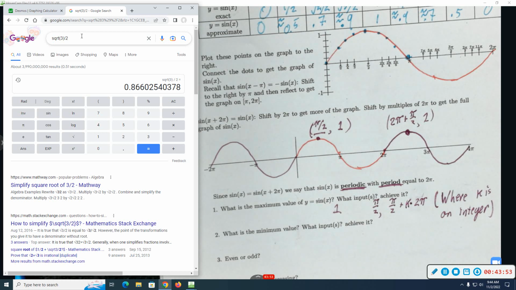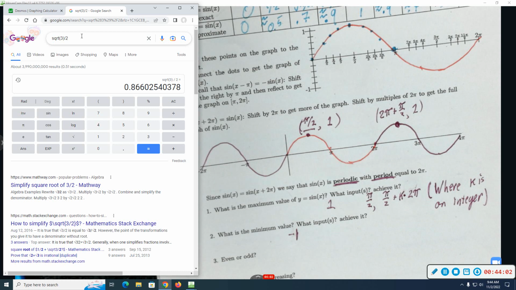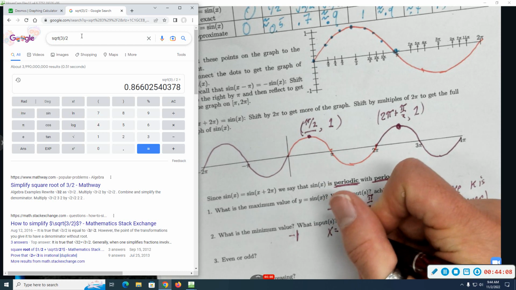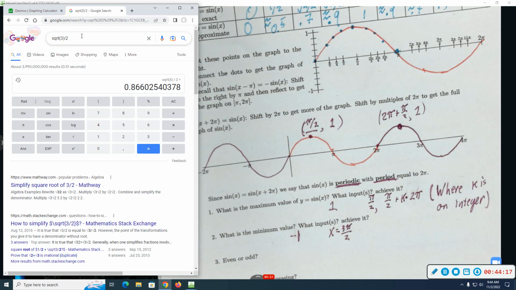What's the minimum value? What is one input that results in that minimum? 3 pi over 2. How many people would sooner have said negative pi over 2? I mean, you're both right.